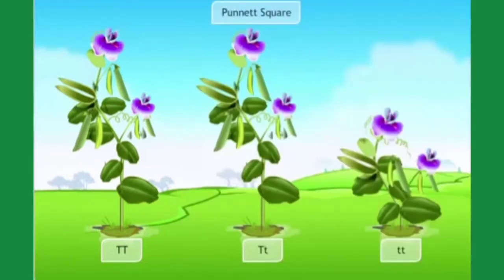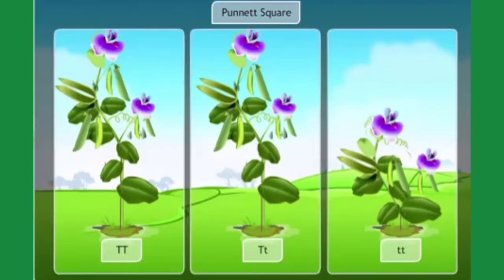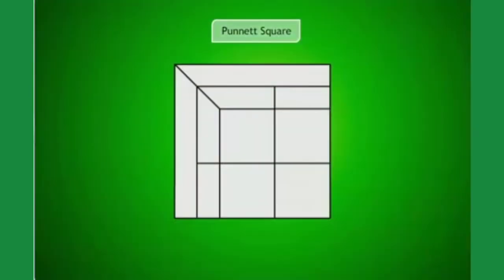Punnett squares help to predict the possible genotype and phenotype of offspring. Let's see how to make a Punnett square.